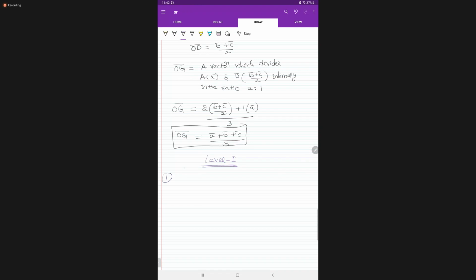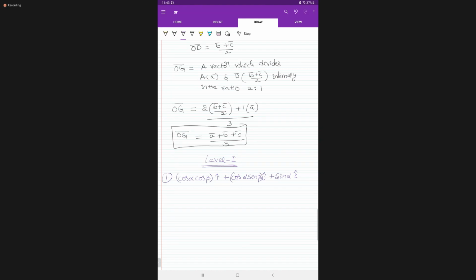The vector cos alpha cos beta i cap plus cos alpha sin beta j cap plus sin alpha k cap is a null vector, unit vector, a vector parallel to i bar plus j bar plus k bar, or a vector parallel to 2i bar plus j bar minus k bar.